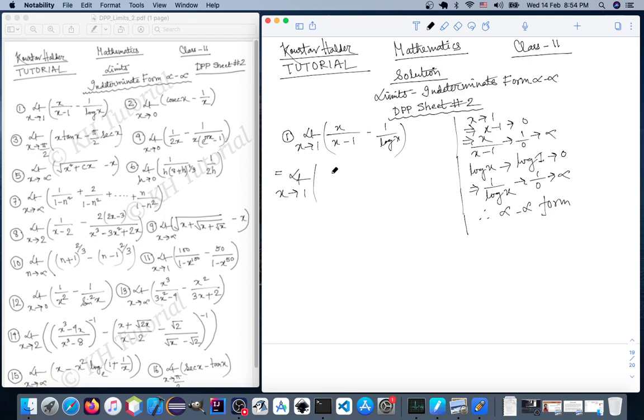So if you do the LCM, we get x log x minus x plus 1 divided by x minus 1 times log x. This is of the form 0 by 0, and we can now apply L'Hopital's rule.